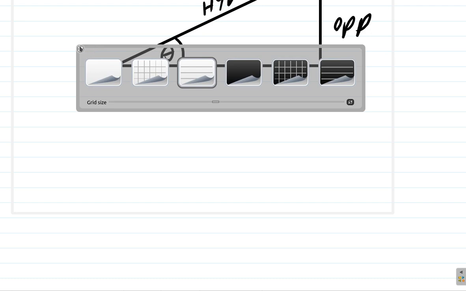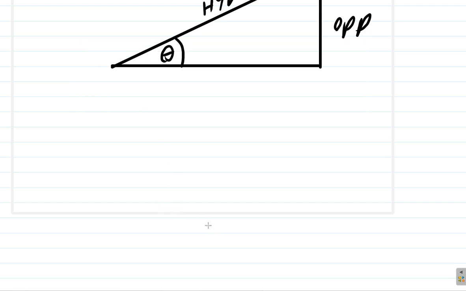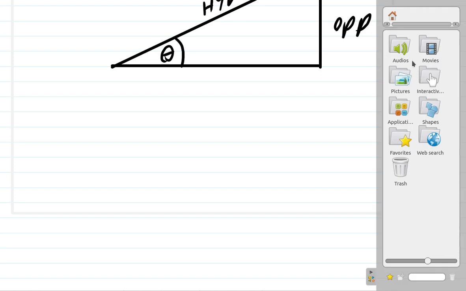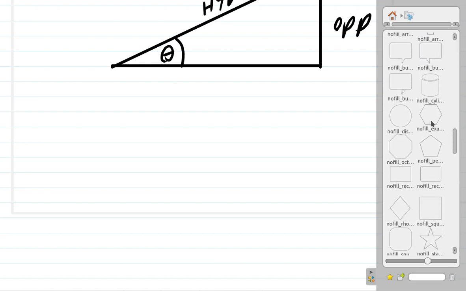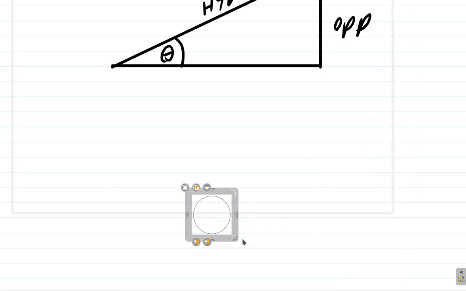You have a circle, which they call a unit circle because the radius is unity.